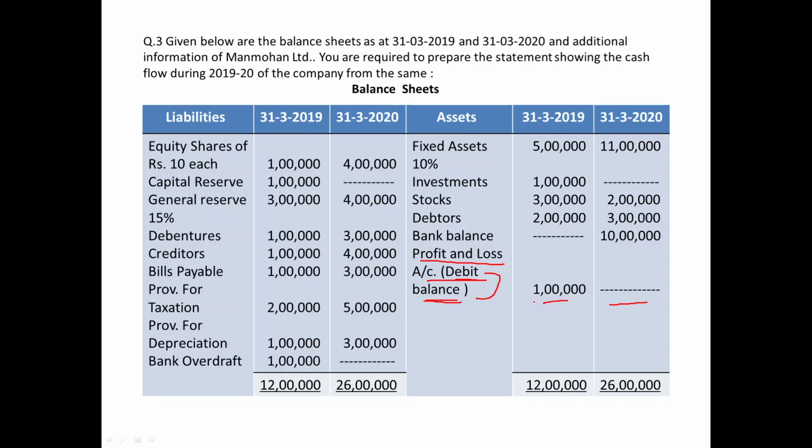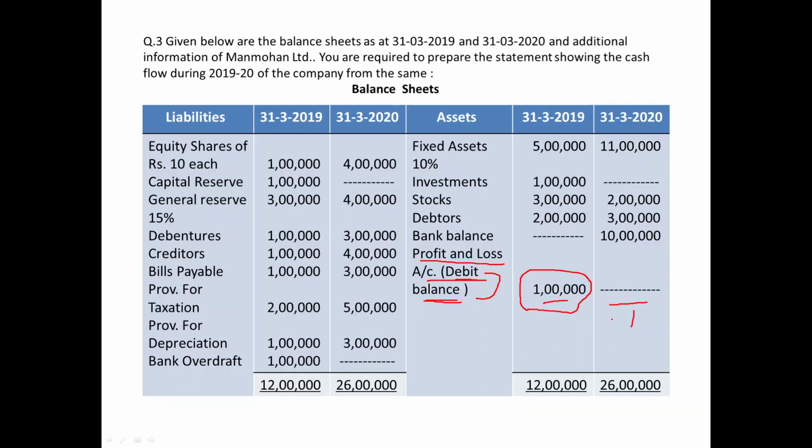Last year the balance was rupees 1 lakh, it means last year there was a loss of rupees 1 lakh, and in the current year it became nil. May I say that in the current year the company has earned a profit of rupees 1 lakh, and that is why the loss balance of the last year became nil in the current year?